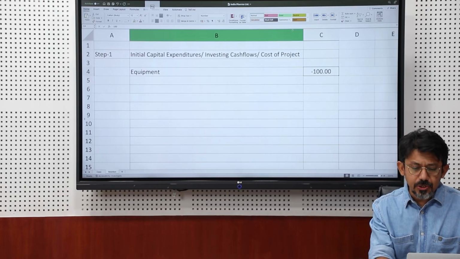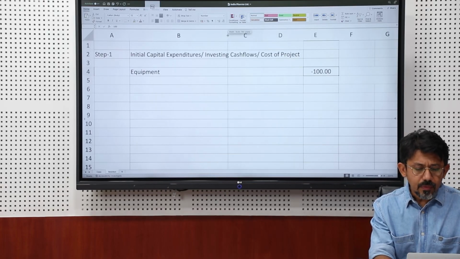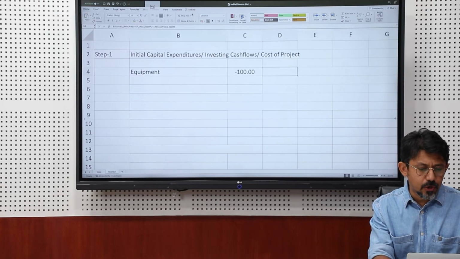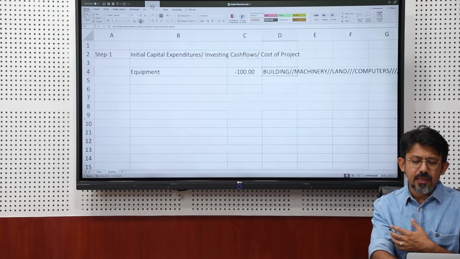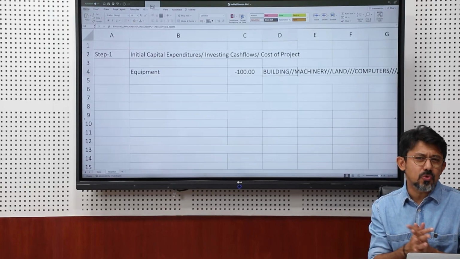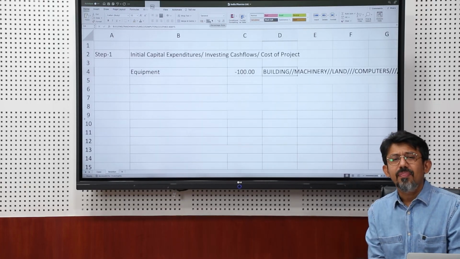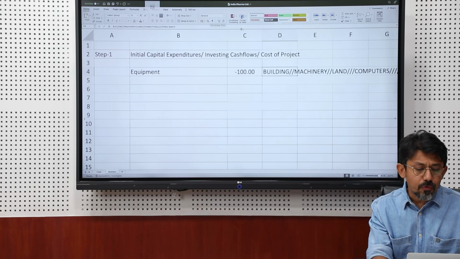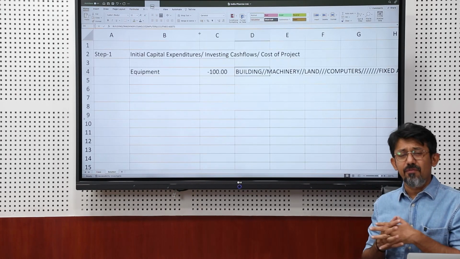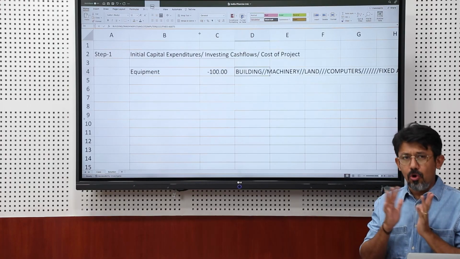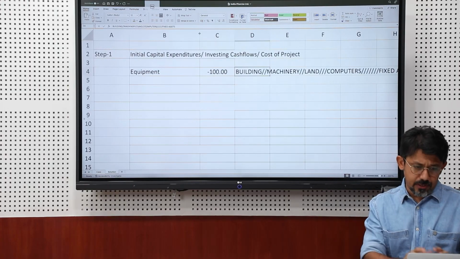But as I mentioned to you earlier on, this could also include things like building, machinery, land, computers and so on, anything and everything that is required in terms of setting up the project, which are essentially investment in fixed assets, could come under this slot, all right.